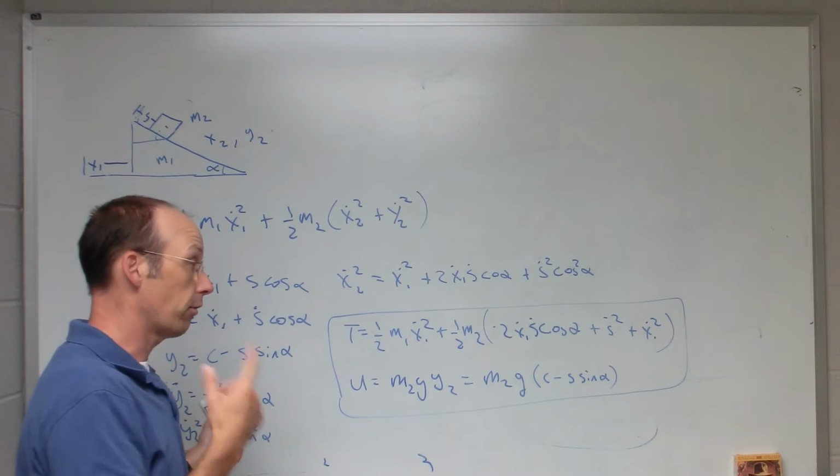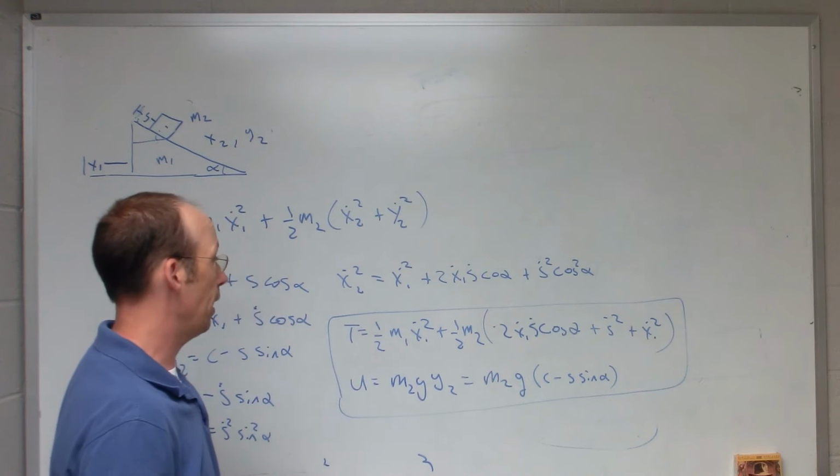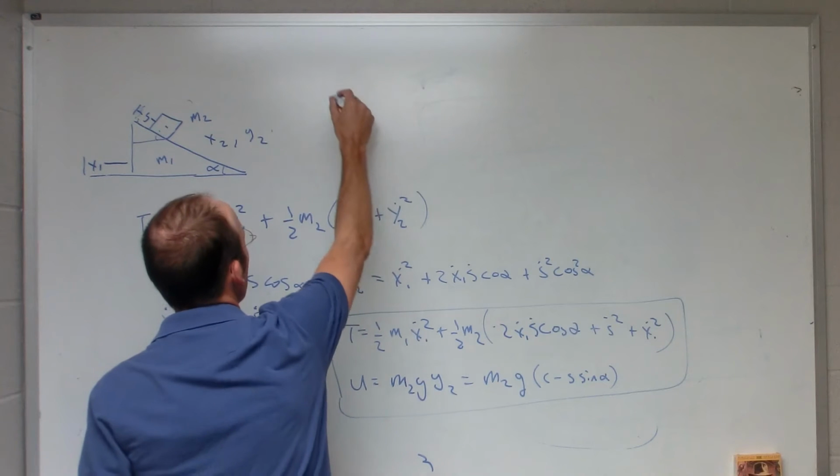I'm going to find the Lagrangian, which is just this minus that, and then I'm going to find my derivative. So let's start up here.